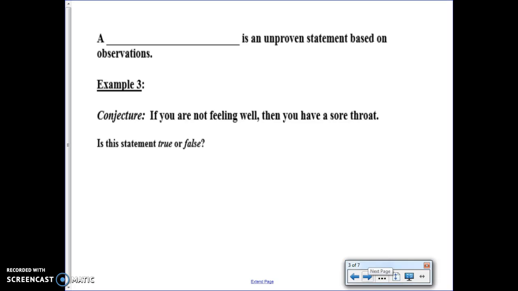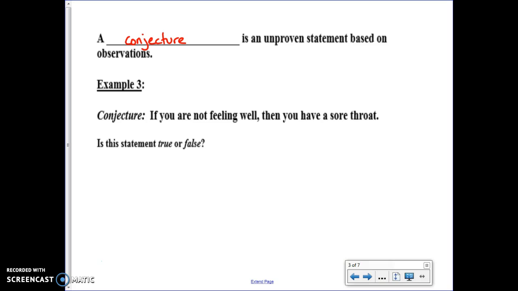A conjecture is an unproven statement based on observations. So we use those patterns to make an educated guess on what those next two things would be or the next figure would be.